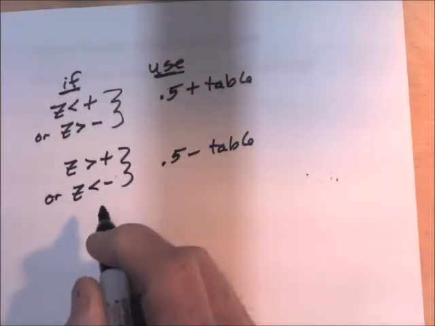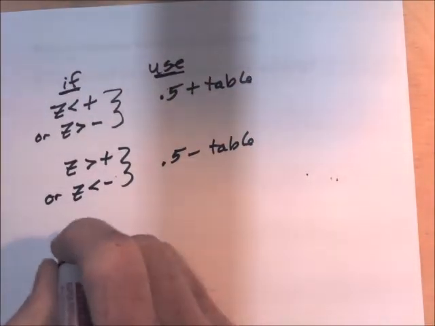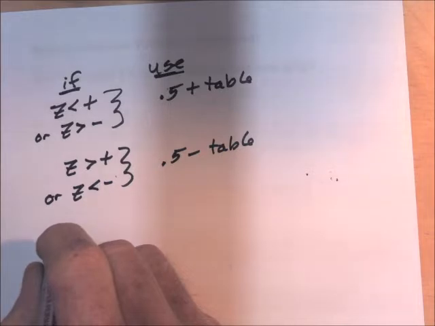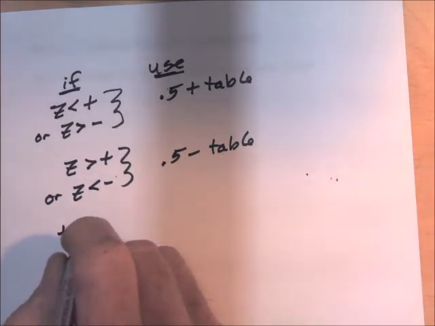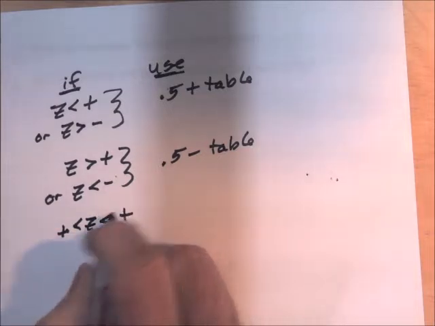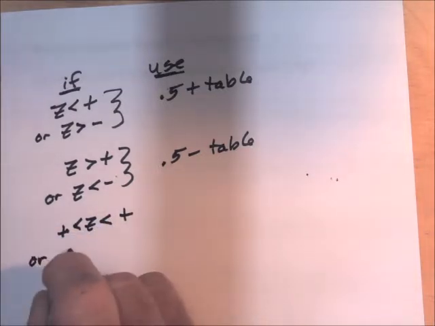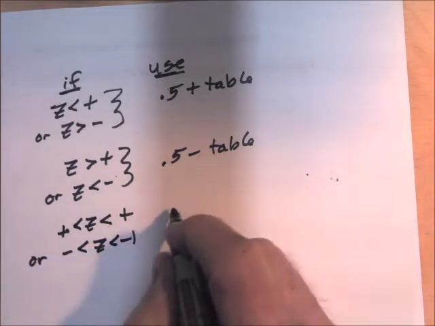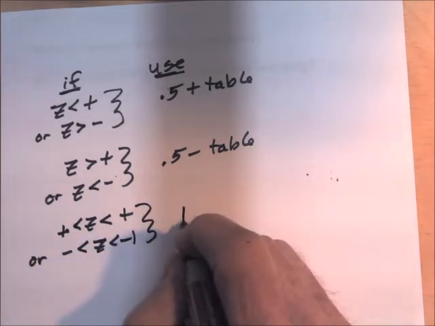If you have Z between two positives, or Z between two negatives, it's going to be table minus table.